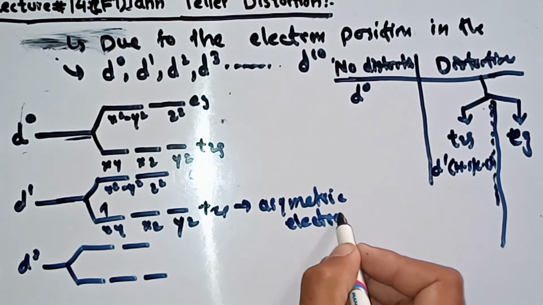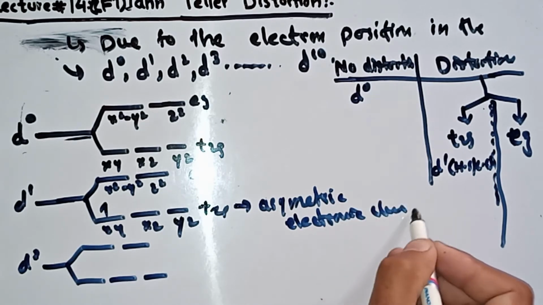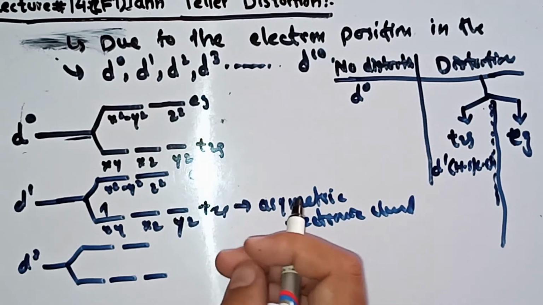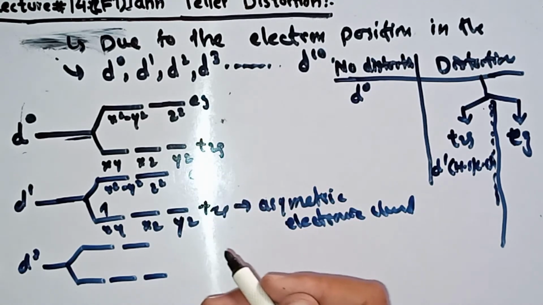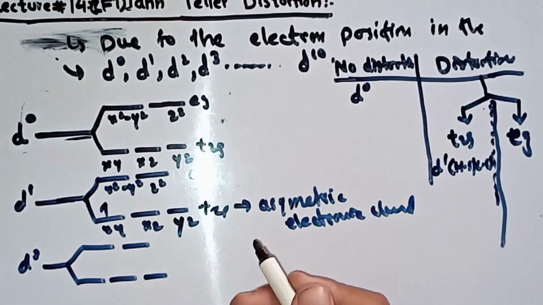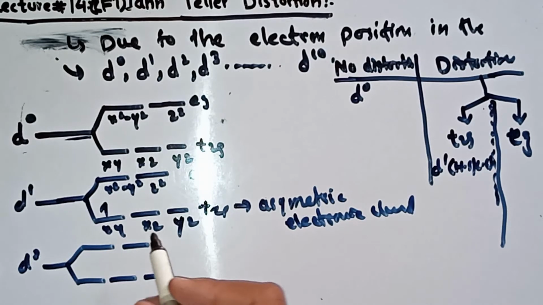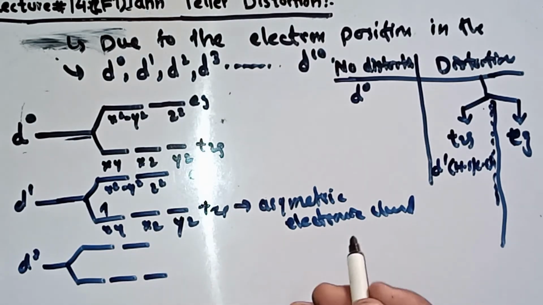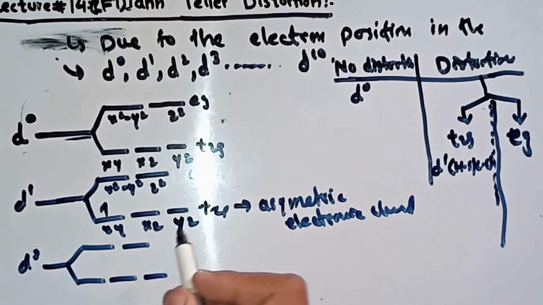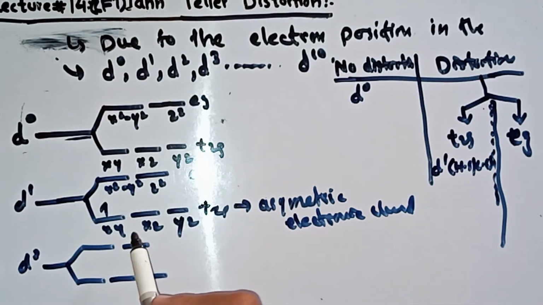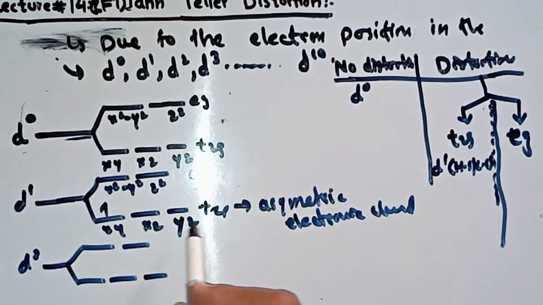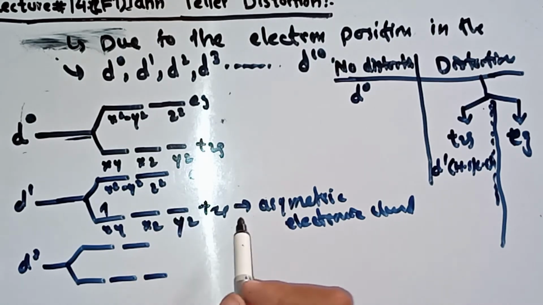Due to the asymmetric electronic cloud, the distortion will occur. Some orbitals will have lower energy and some higher energy. Which orbital will have high energy and which low, we will discuss later. But first of all, we need to know that here t2g distortion occurs.